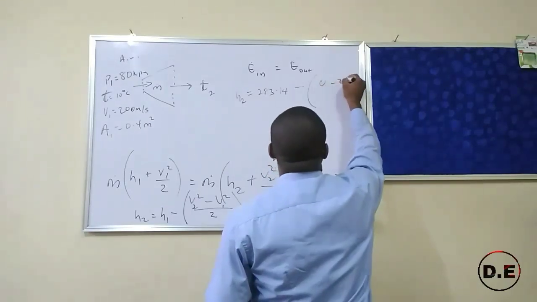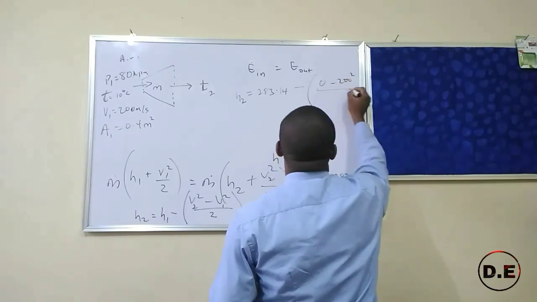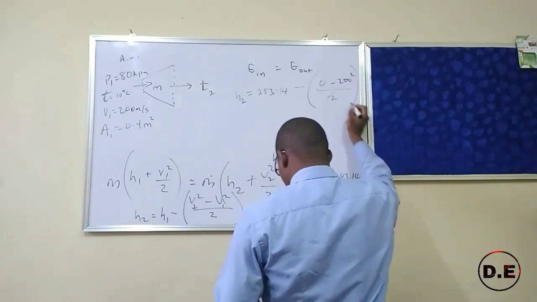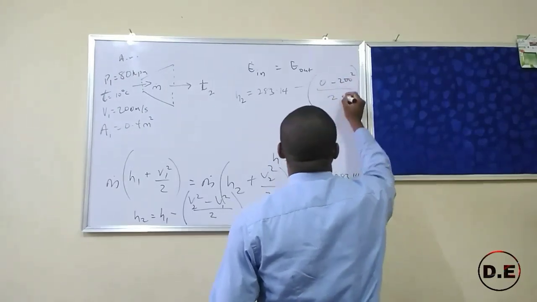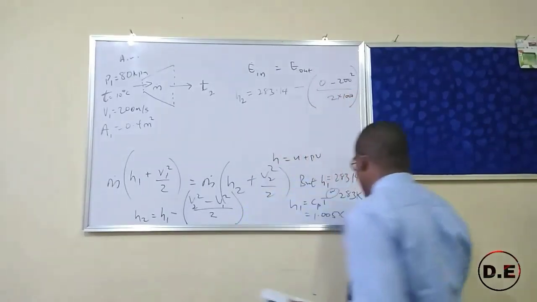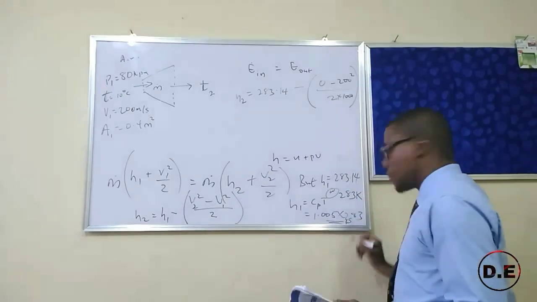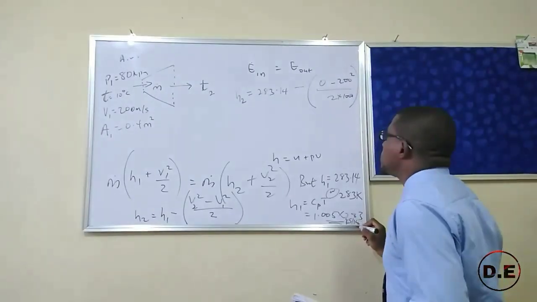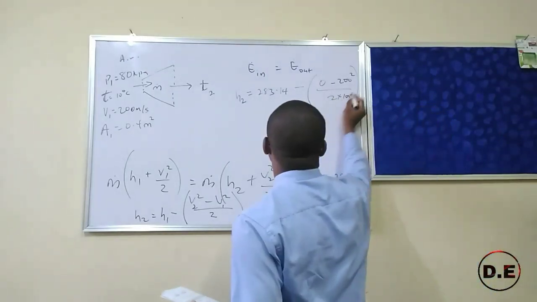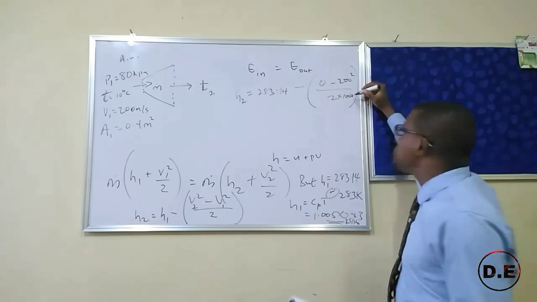So 0 minus 200 squared divided by 2. Everything, of course, times 1000. Why am I doing that? It's because this unit is in kilojoules per kilogram. So I have to also convert whatever I get here to kilojoules per kilogram.